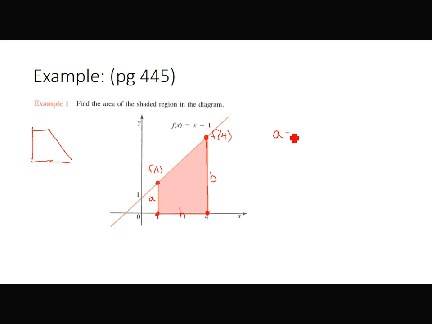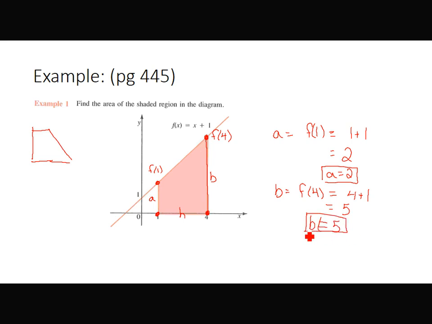So a is equal to f at 1, which is 1 plus 1, which is 2. So a is equal to 2. b is f at 4, which is 4 plus 1, which is 5. So b is 5. Now with those two values, I can find the height. 4 minus 1 is 3.